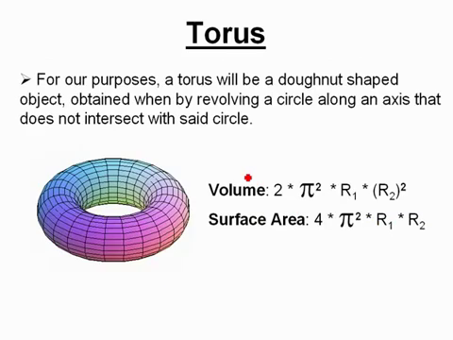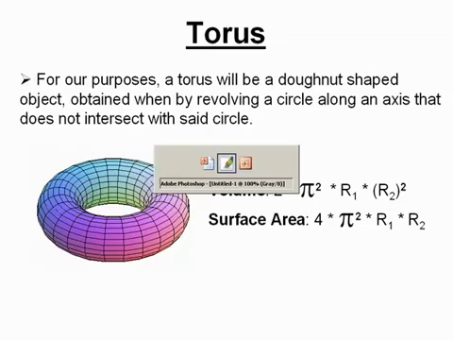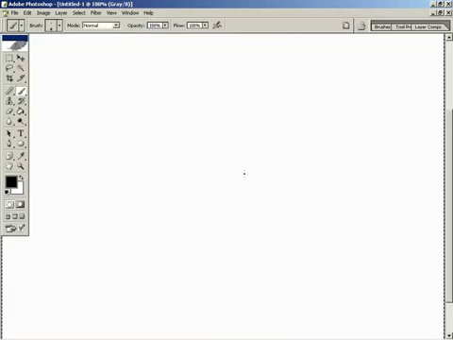A torus. For our purposes, a torus will be a donut-shaped object obtained when revolving a circle along an axis that does not intersect with said circle. So that's a lot of words to mean something really simple. I'll show you in Photoshop. Say we had a circle here. That's a beautiful circle.